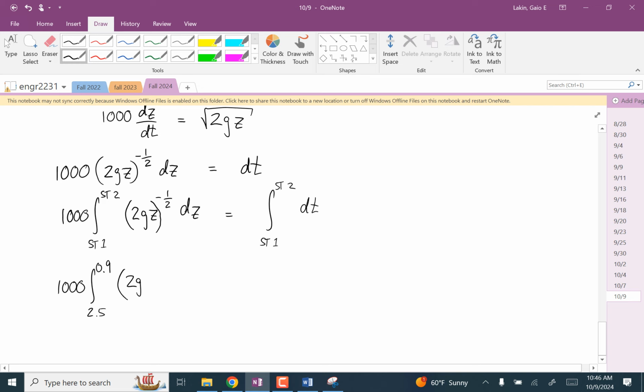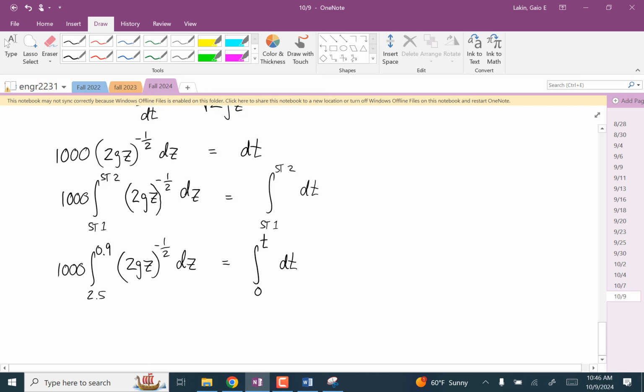So 2gz to the negative 1/2 dz. And this, we can say that time at state 1 is 0, and we're going up to t. So this is just going to give us the elapsed time.